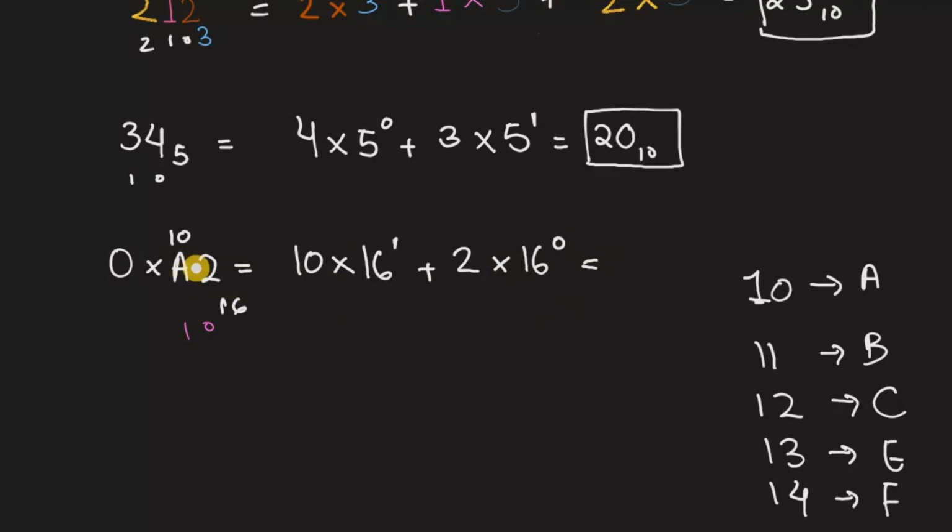I went in this direction before, from the other way: I did 4 before and then 3, and here I did 10 before, but it doesn't matter, you can go in any direction as long as it makes sense. So I put 10 multiplied by 16, the base, to the power of the number that it belongs to, which is 1, plus 2 times 16 to the power of 0, and now it's going to give you 162 in base 10. So this is it.